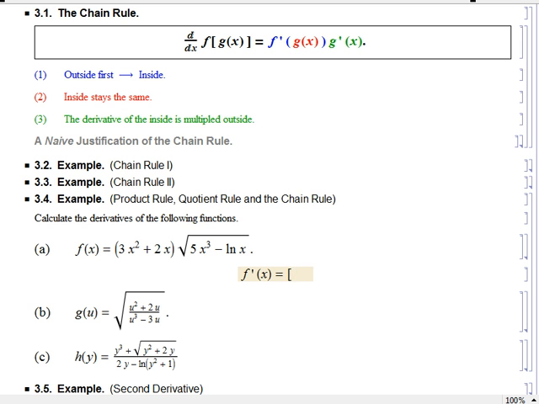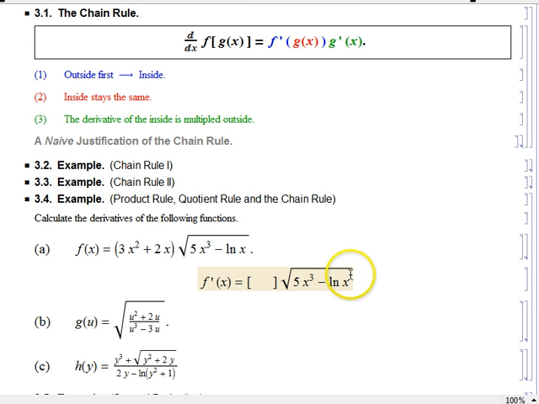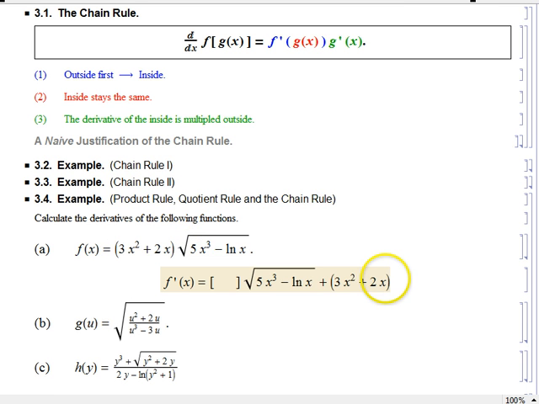So product rule: u prime v plus u v prime. That is the structure of the product rule.